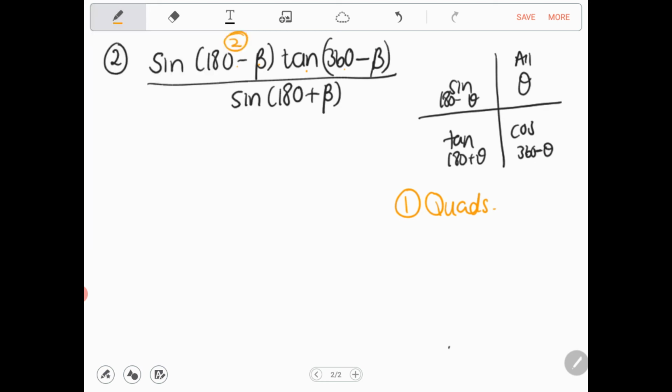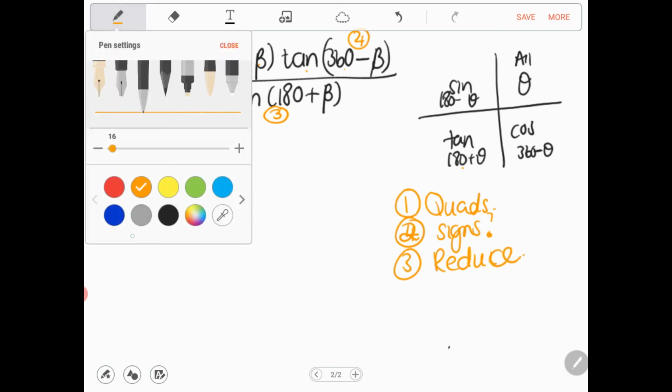Okay, 360 minus, fourth quadrant. And then 180 plus, well, there we go, is the third quadrant. So identify your quadrants. Check your signs. And then we do our reductions.